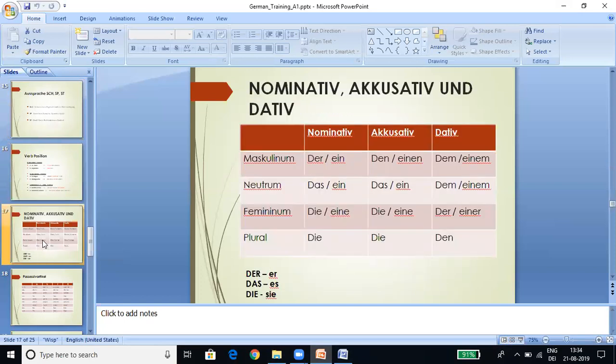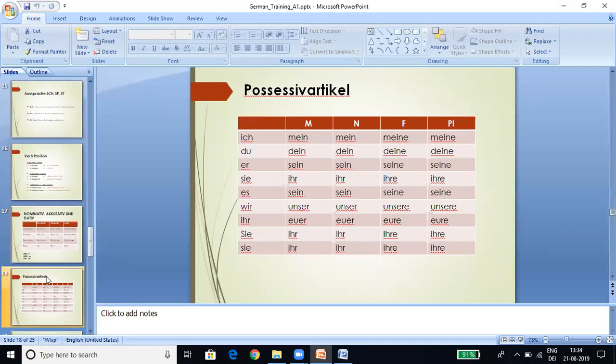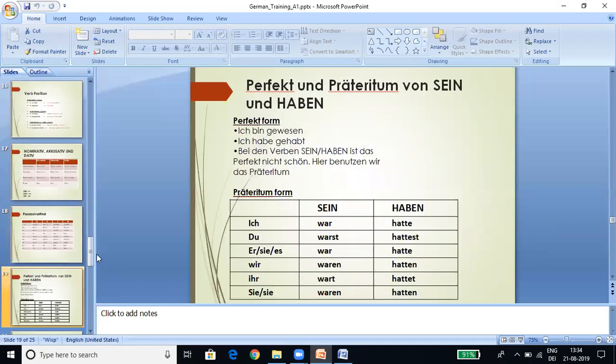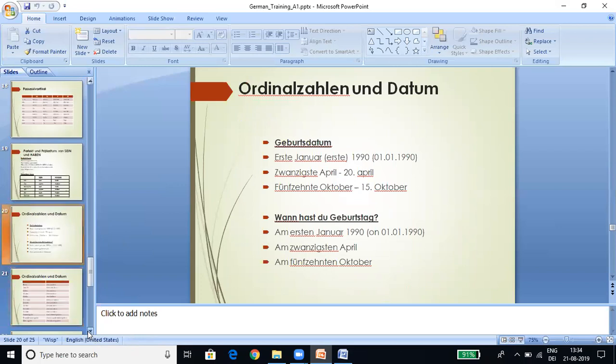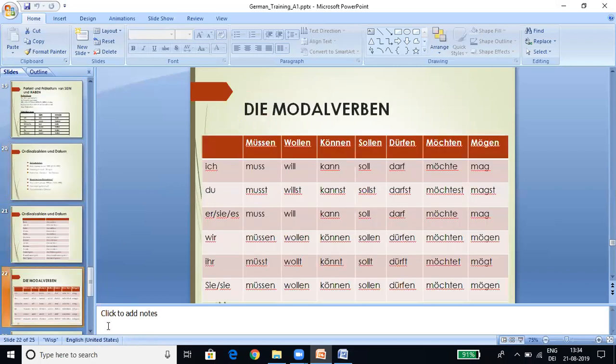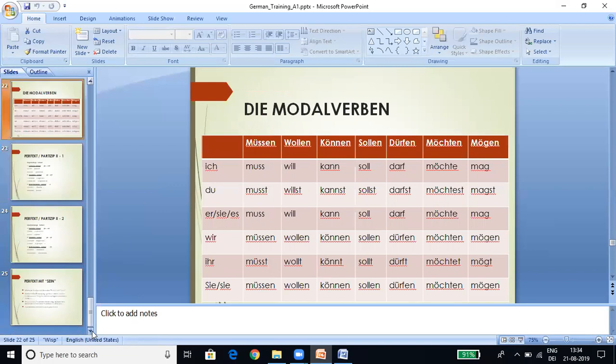From the book it might not be that easy, so to make it easy for you, I prepared these PPTs: the past tense, possessive articles, ordinal numbers, modal verbs, and all the grammar. You'll be getting this PPT and all sorts of material from me. You don't need to buy anything.